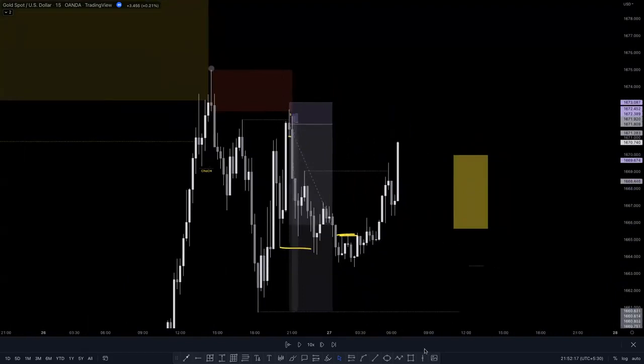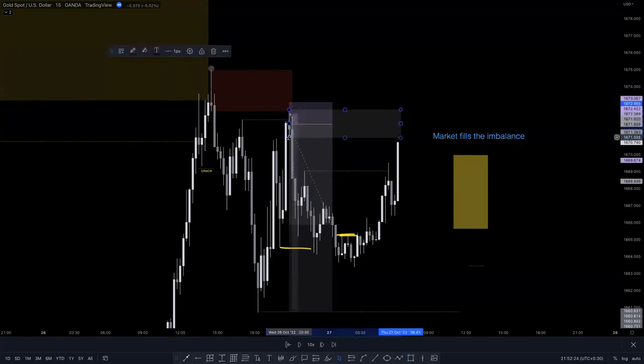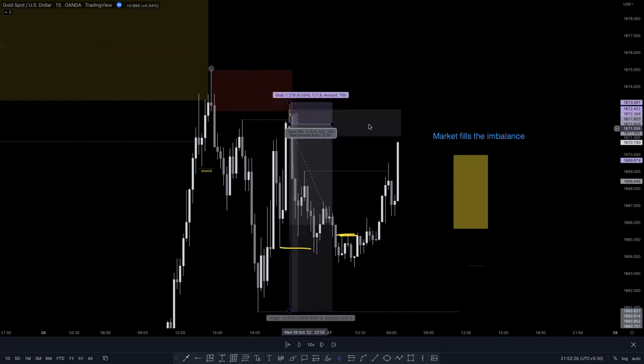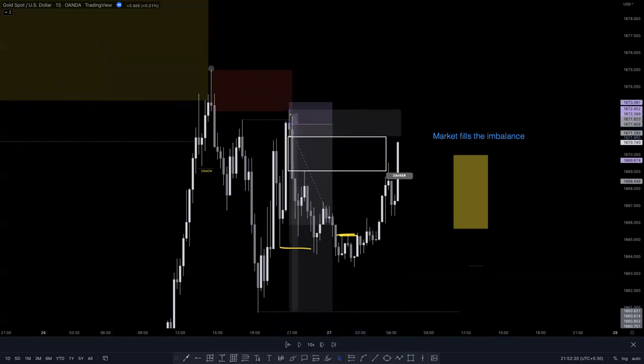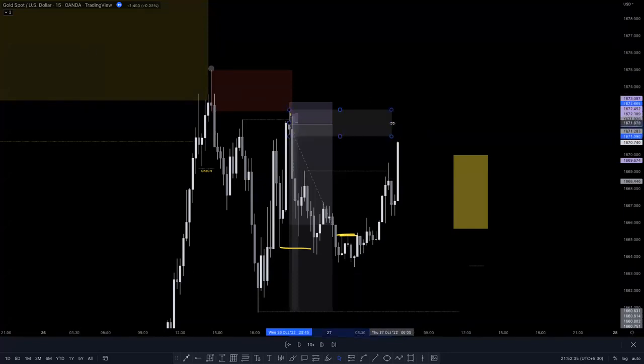In this case, we can take entry here. We can take entry if price taps here on your order block, because this order block is taken on the liquidity. If price taps here, it is also a good high probability area for the sell, which one is here, right?